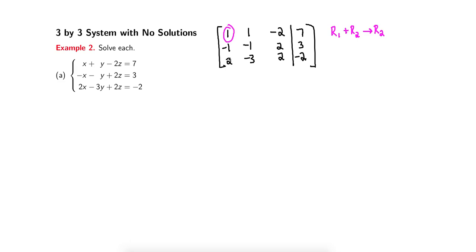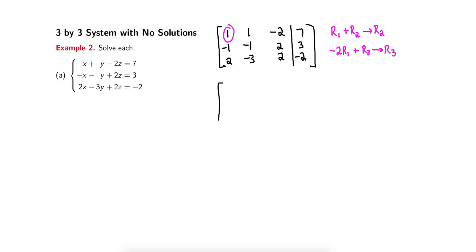And here we have a 2, so the opposite of that is negative 2. So negative 2 times row number 1 plus row number 3 gives us our new row number 3.